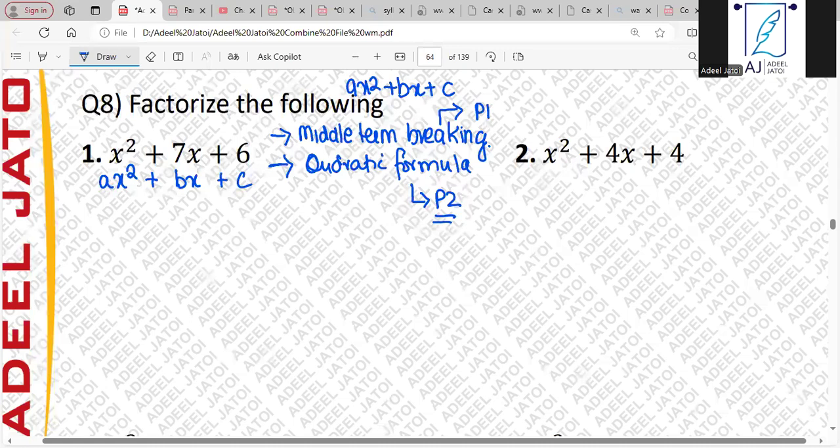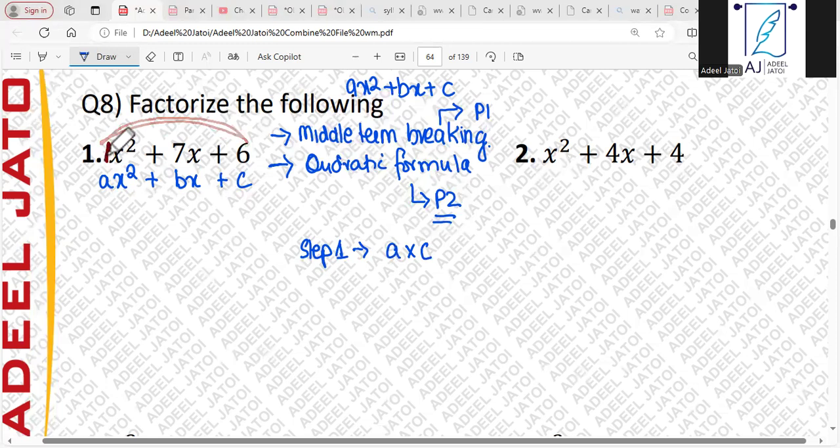Now the first step of middle term breaking is to multiply a and c. Here a is 1, so 1 multiplied by 6 will be 6.